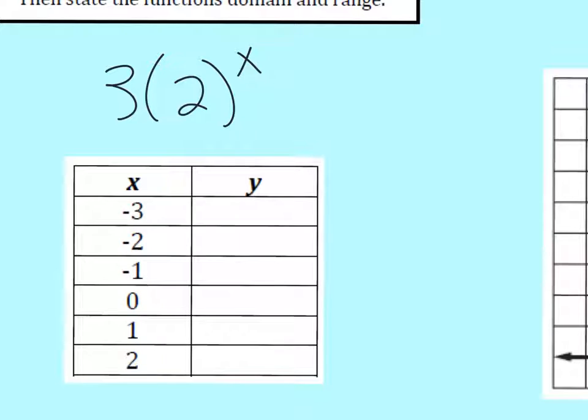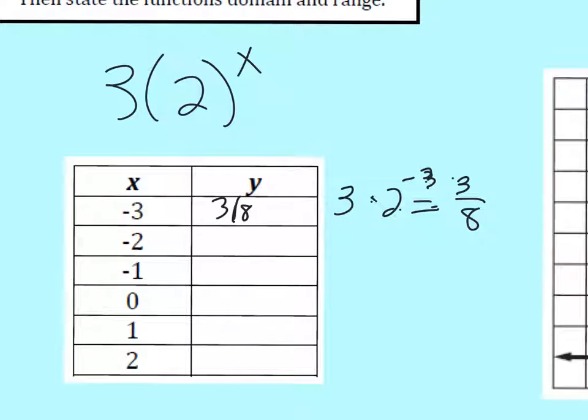So when I substitute those in there, this would be 3 times 2 to the negative 3. So that would be 3 over 8. Okay, so that would be 3/8.